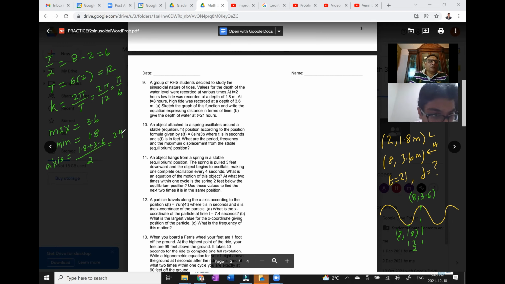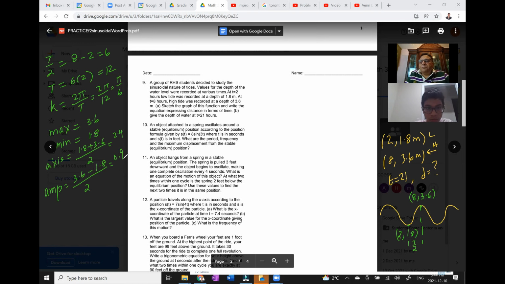It's just 2.4, right? Now, maximum minus minimum, the amplitude, is what? Amplitude is half their difference, 3.6 minus 1.8 divided by 2. How much do you get? 0.9.